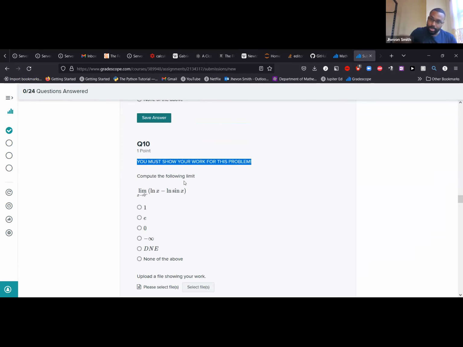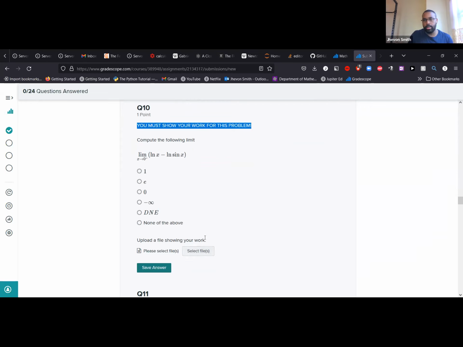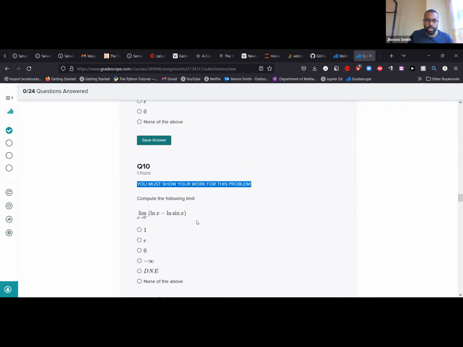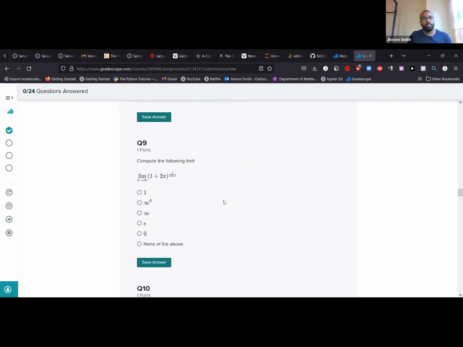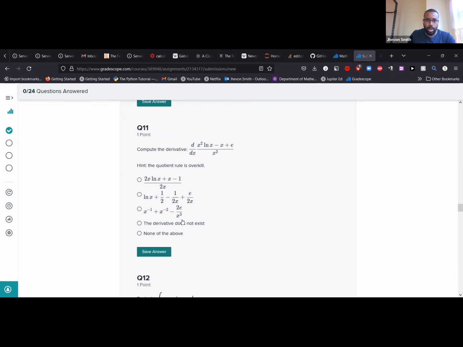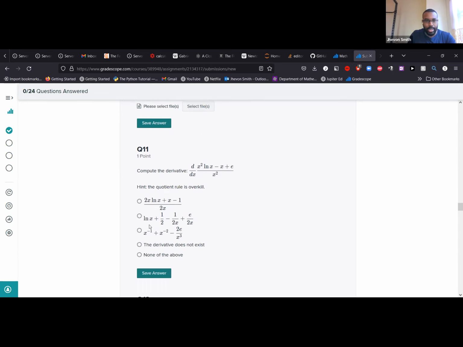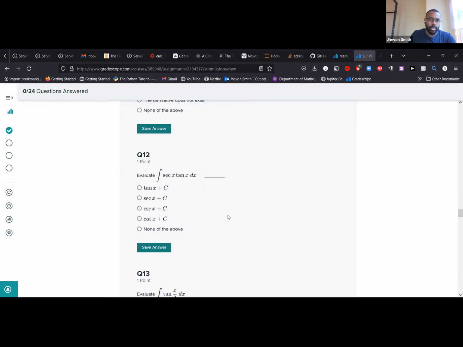Then you're going to click to upload your work. You're going to click select files, upload, and then save your answer. Every time you do a problem, you save your answer, just to be safe. For select problems, you'll do that. Not all of them have that. Like this one doesn't have that. Just click what the answer is.